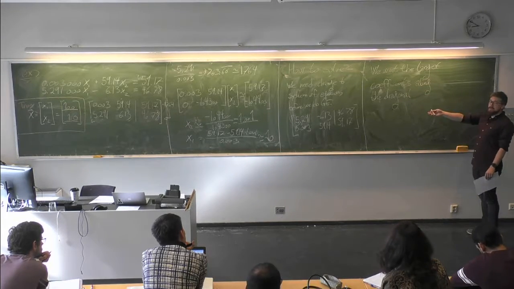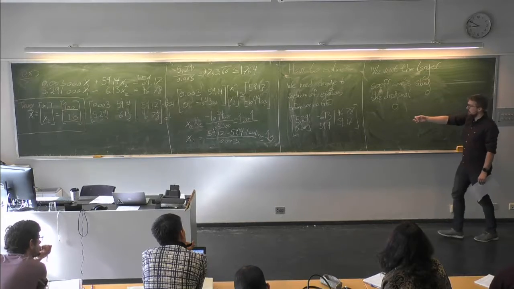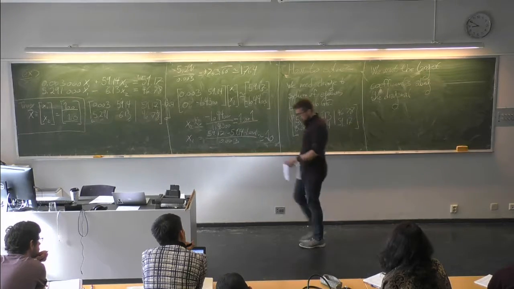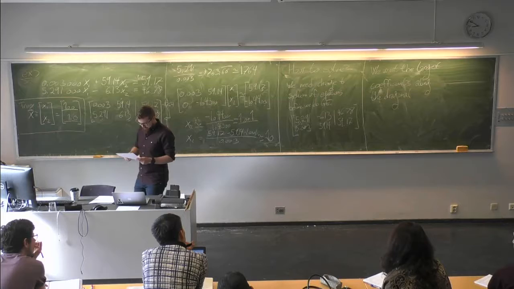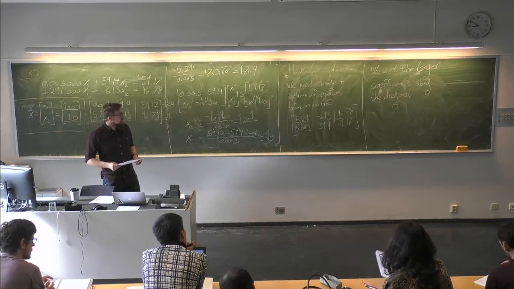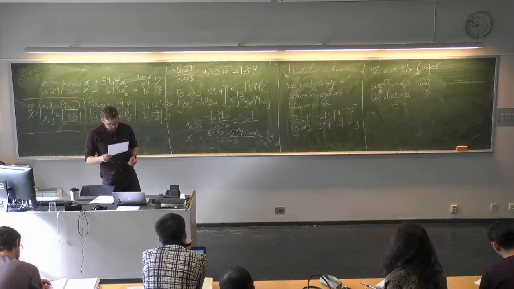So it's still the same system of equations. You can do homework to actually solve this if you want, and then see that that works. And that's sometimes called partial pivoting.